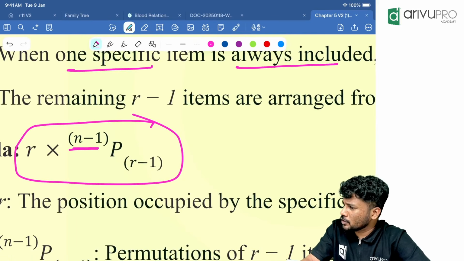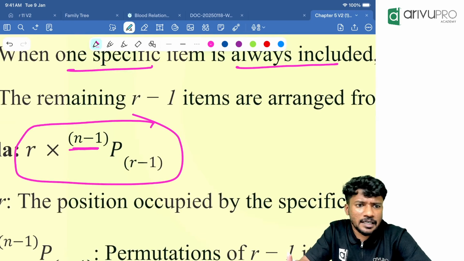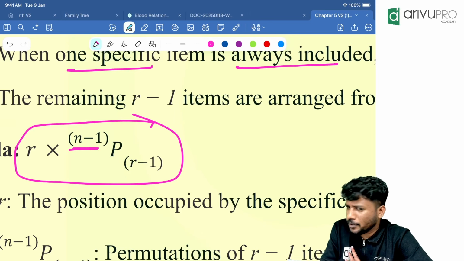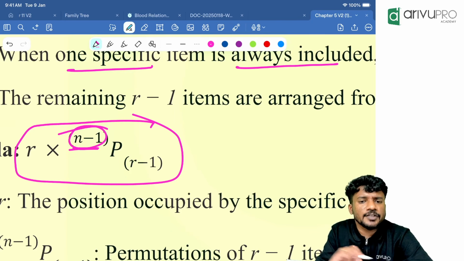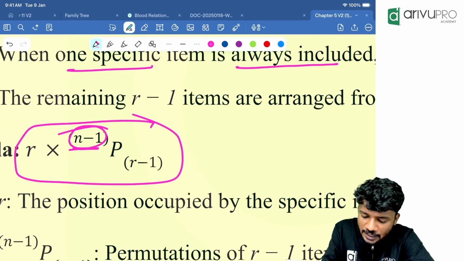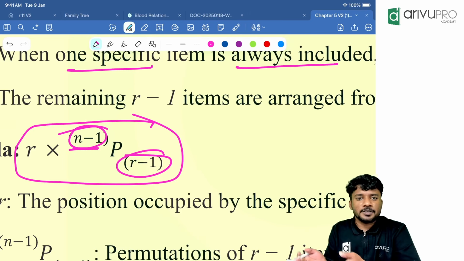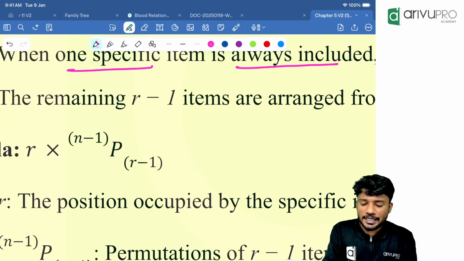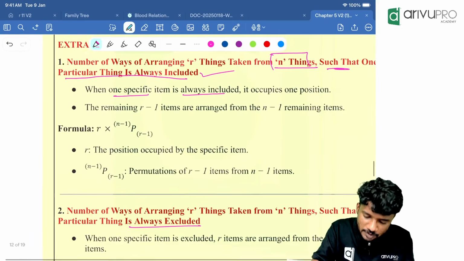Because in the total number of arrangements, one person is already in the fixed arrangement. Then we need to reduce the total number of people, right? That's why we are reducing that to n minus 1. Then r minus 1, because one person is already there and that person should be considered. That's why r into n minus 1 P r minus 1.